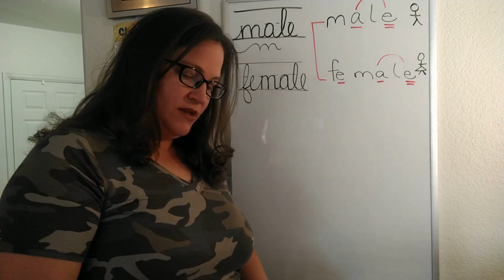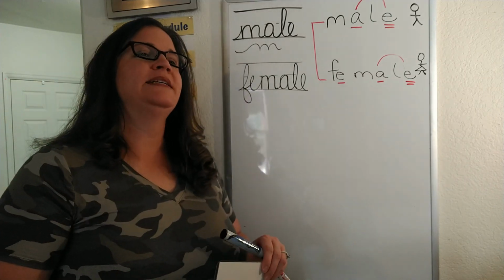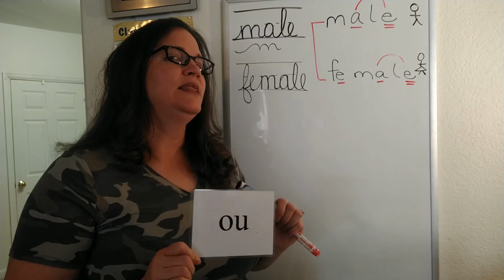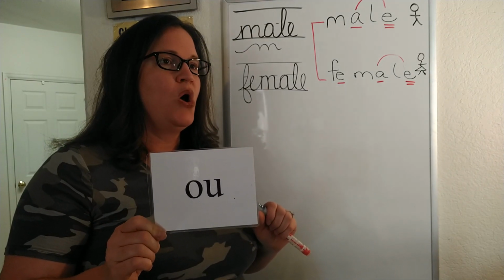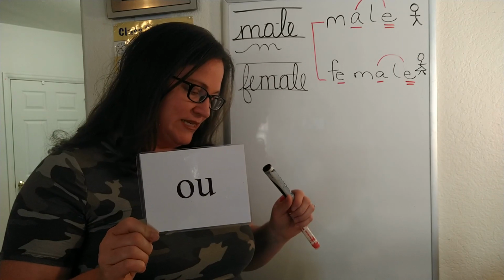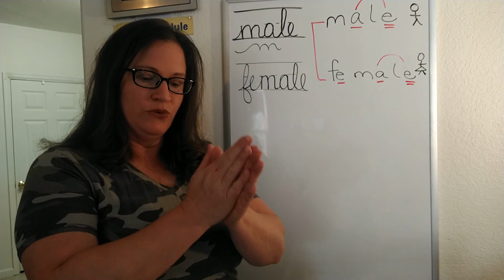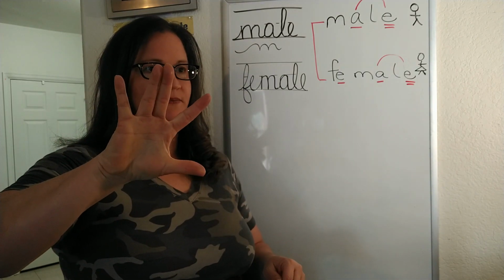Round. Okay, remember we have a couple phonograms that can say ow, right? We're going to use this one today, our ow, o, oo, round. Ready? Round. R, ow, d.